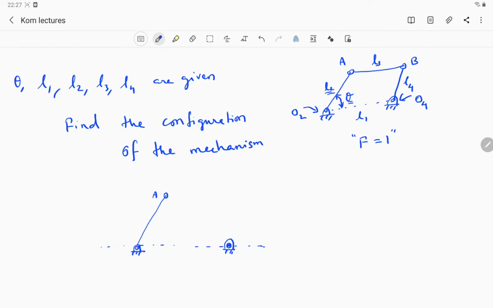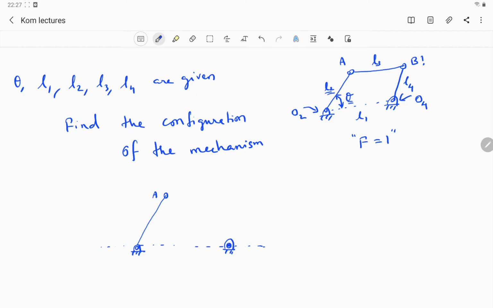Now how to identify point B? I do not know the angle of the horizontal line and link 4, or even the orientation of L3, right?